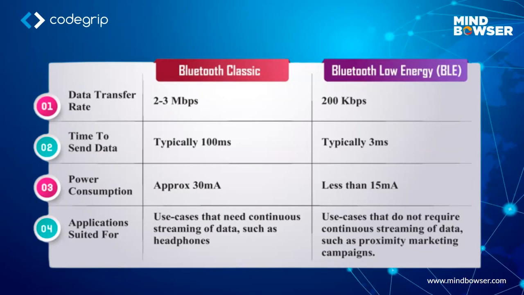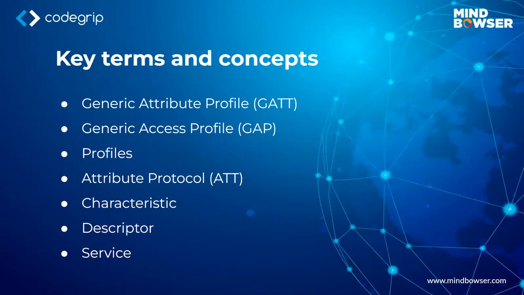BLE is used for applications such as mobile payment, healthcare, ticketing, and access control devices. Both technology based devices are low cost. So these are the main differences, and these are the use cases we can consider while choosing between Bluetooth Classic and Bluetooth Low Energy.